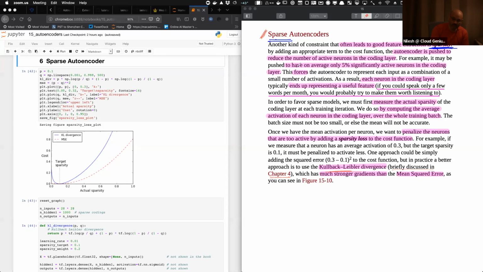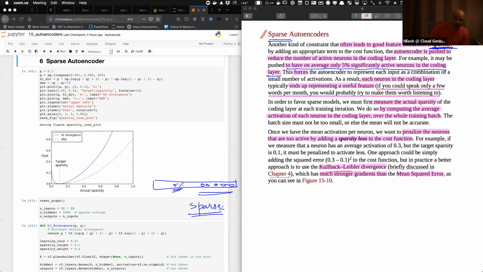For example, this is an example to have an average of only 5% significantly active neurons in the coding layer, and every other neuron will be shut off, thereby making it sparse. So you have a layer of neurons in the hidden layer, and only 5% on average of those that are active will be used, and everybody else will be zeroed out. And thereby you are creating a sparse autoencoder.